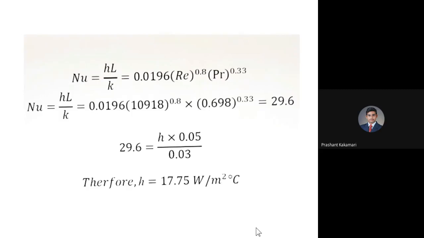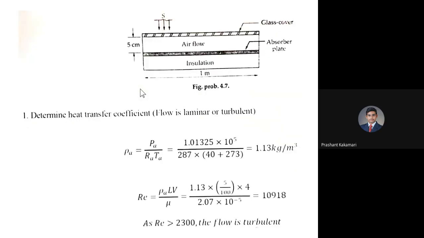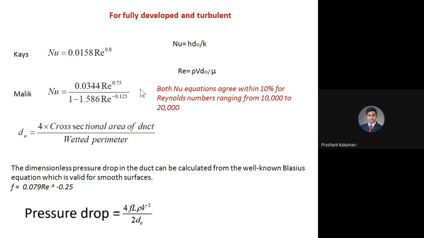So here you can see the Nusselt number, the formula is given in the problem. So you can directly take the problem equation or else go by this formula, discussed in the theory: 0.0158 Re to the power 0.8.